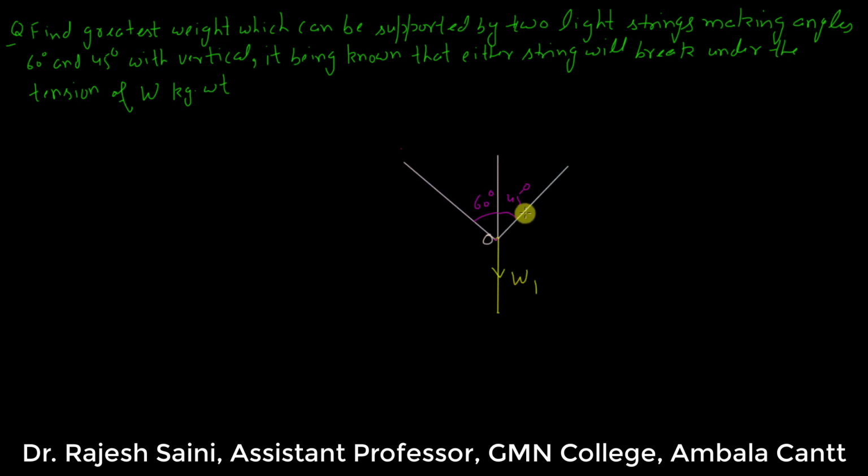Now since these are light strings, their weight is negligibly small. When these strings are supporting the weight W1, there is tension because they are feeling the force in this direction, so the tension will be in the opposite direction.